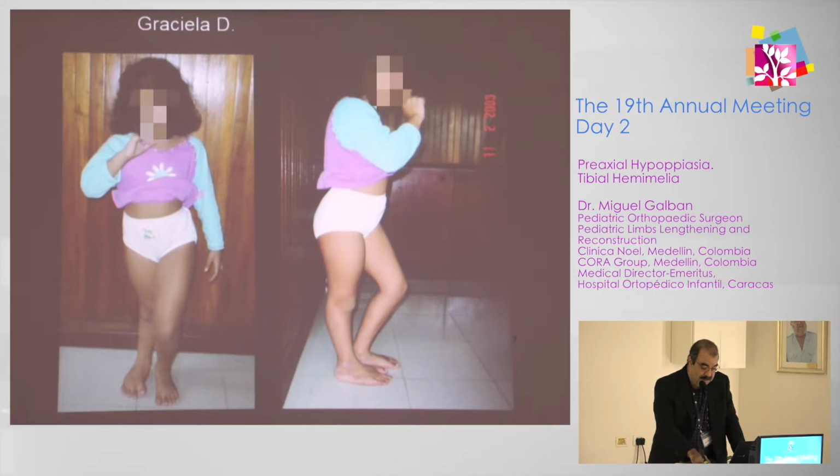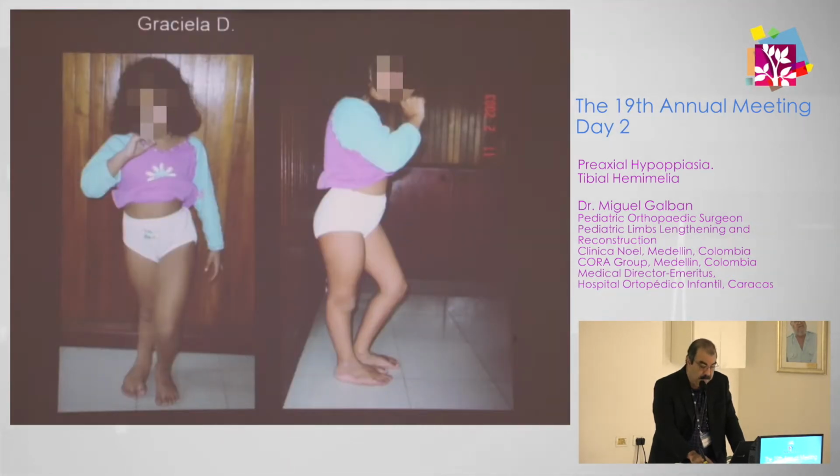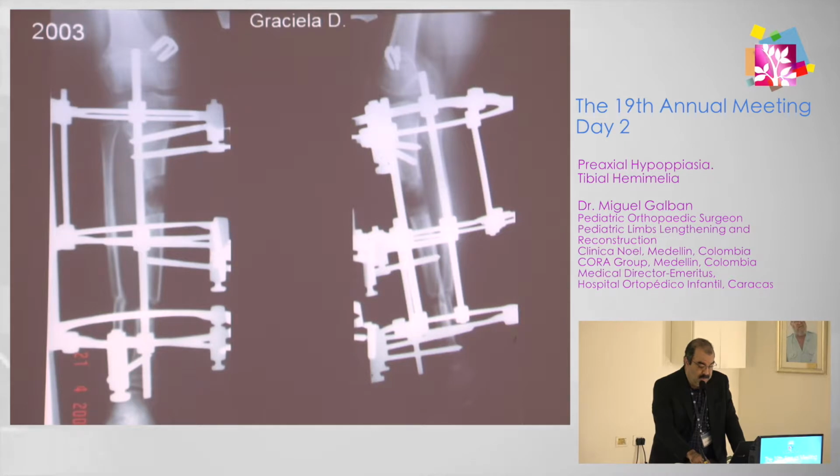Then we have this lady with type 2A, with a very short tibia, a long fibula, and a preaxial deformity of the foot, and the discrepancy was big. The tibia was internally rotated.